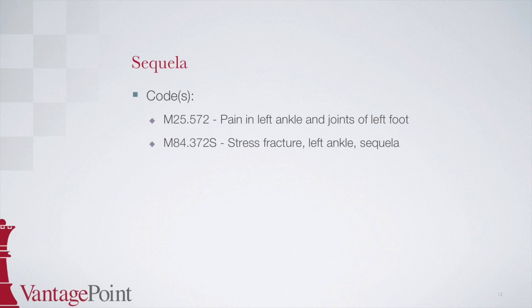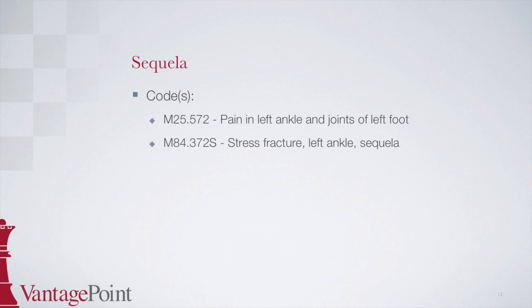From there, you're going to look for stress, and then ankle, which points to M84.37, with a checkbox next to it indicating that more digits are required. When we go to the tabular, subcategory M84.37 is for stress fracture, ankle, foot, and toes, with codes for right, left, and unspecified ankle.